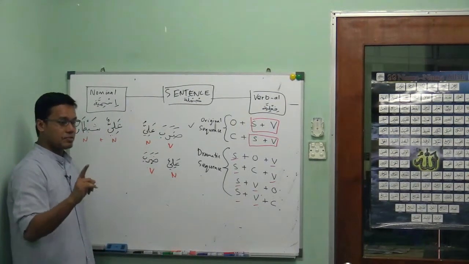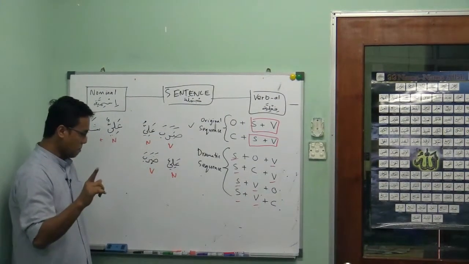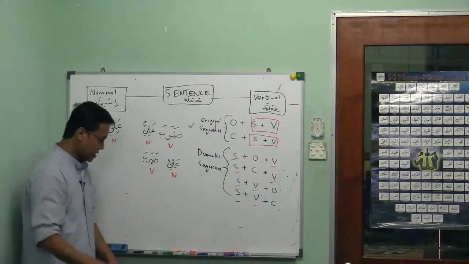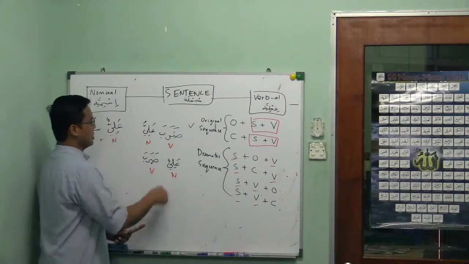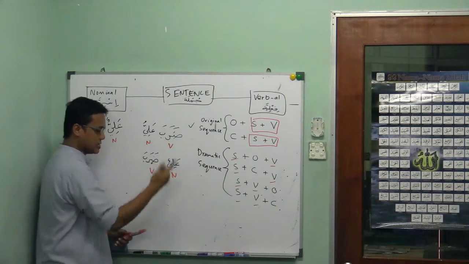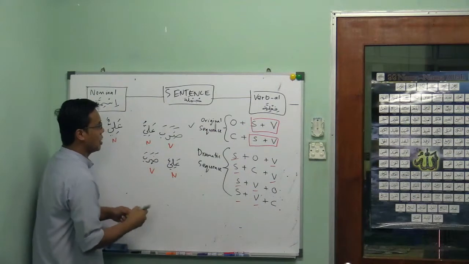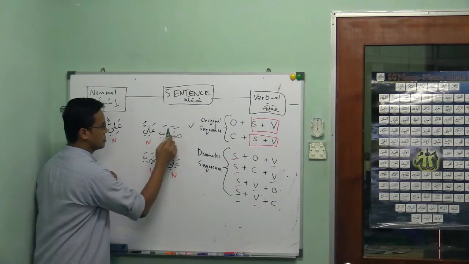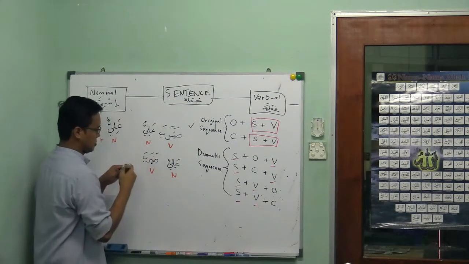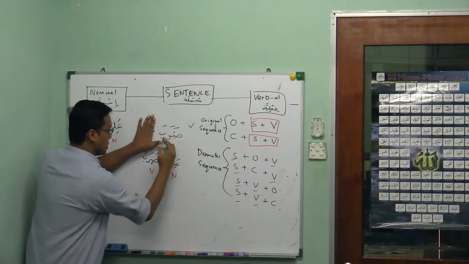But remember, in the first few weeks I told you every verb has a subject. So this daraba, where's the subject for daraba? If I were to close this, where's the subject? He, right?